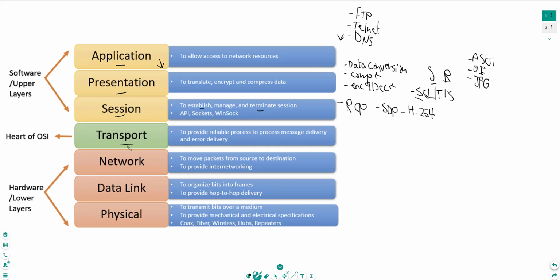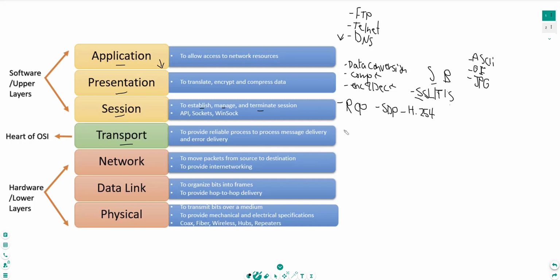Now coming to the transport layer, what does it do? The transport layer provides logical communication and flow of data between application processes running on two different hosts.